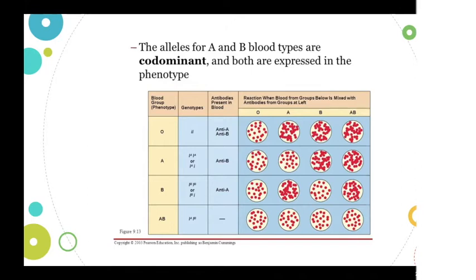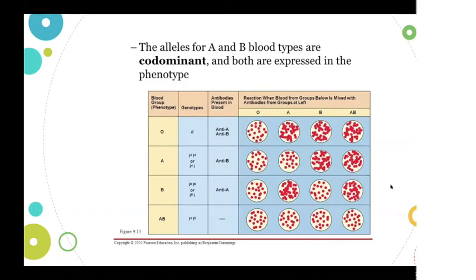Now the antibodies present in blood. O will have antibody A and antibody B. That means it cannot receive blood from people with type A, type B, or type AB. Type A has anti-B antibodies, so it cannot receive from B or AB. B cannot receive blood from A or AB, and AB can receive blood from everything.